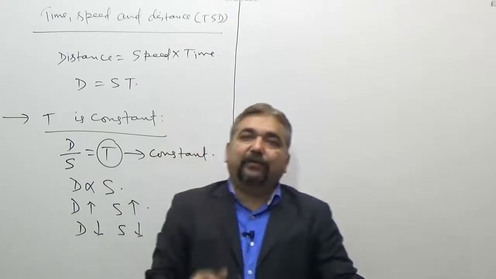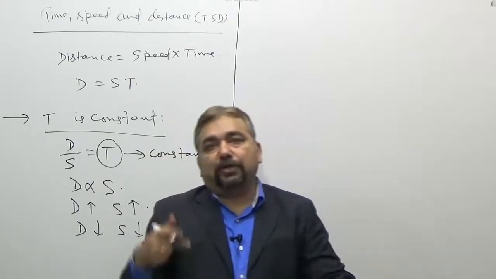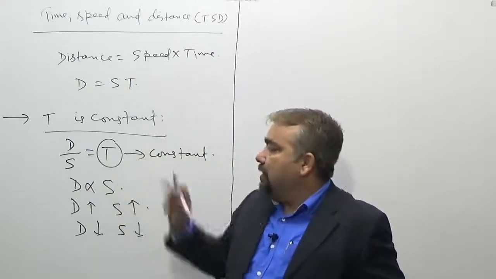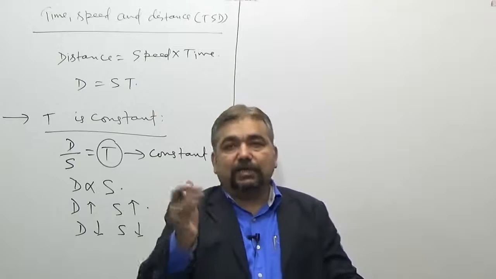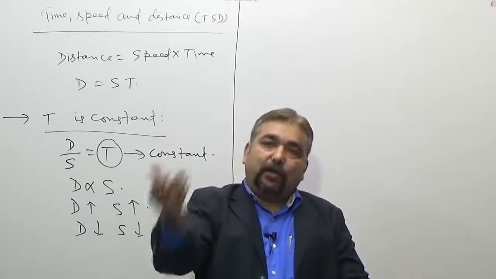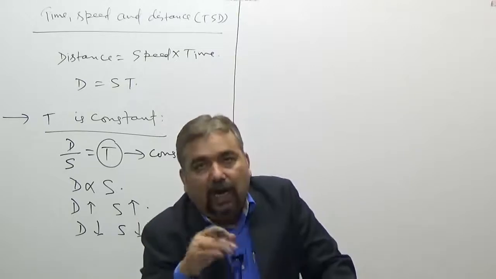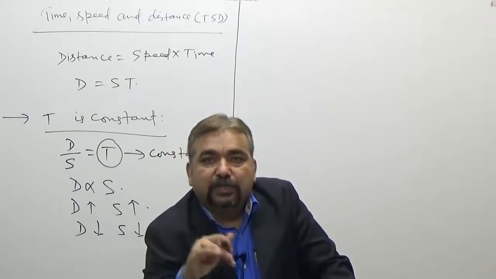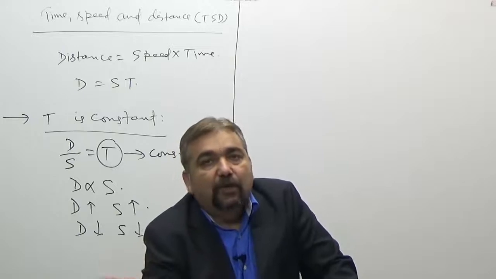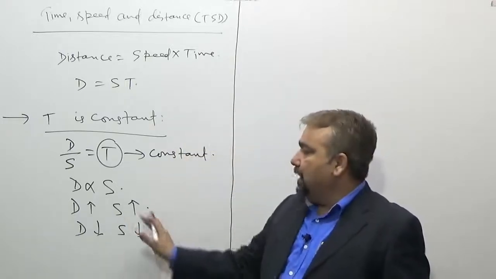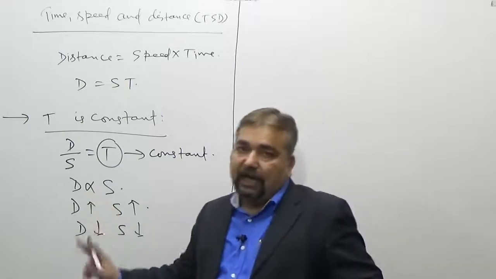So distance traveled increased from 250 to 300. So when time is constant, distance increases when speed increases, or you can say distance decreases when speed decreases, and vice versa. When speed increases, distance increases. When speed decreases, distance decreases. So directly proportional. This is the sign of direct proportion.